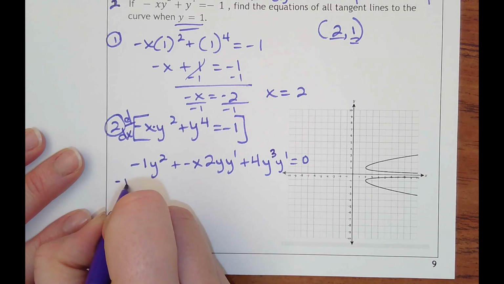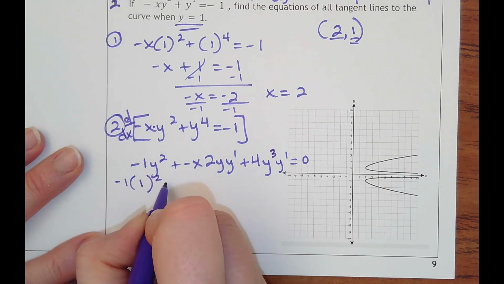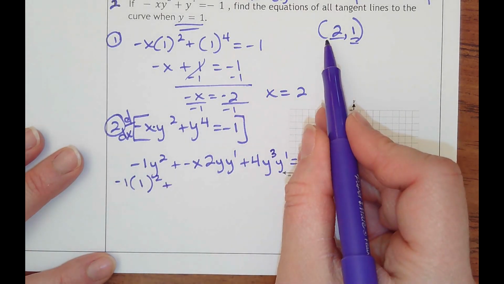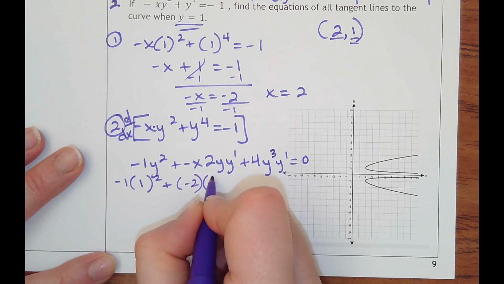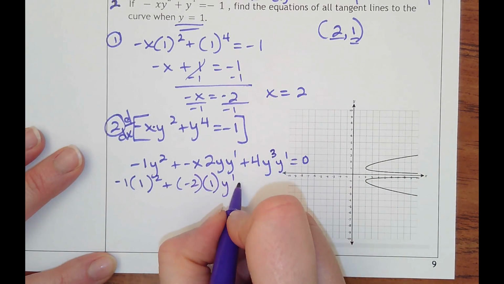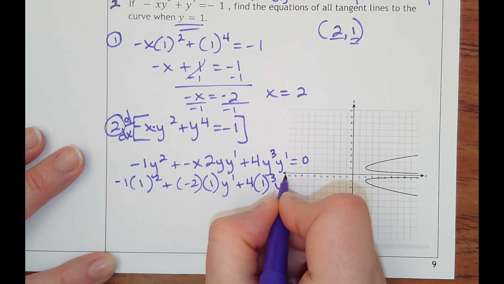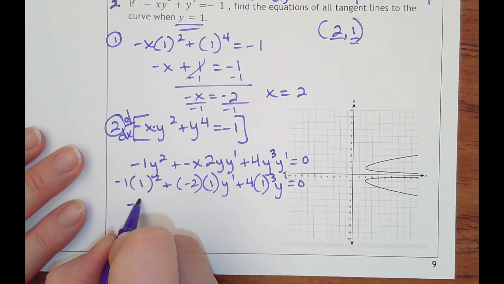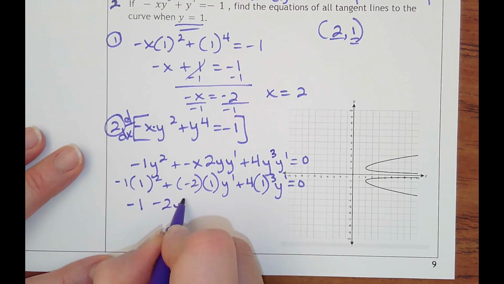So I've got -1 times my y value is 1, plus a negative of my x, so that'd be a -2, times y is 1, y prime, plus 4 times 1 cubed, y prime equals 0. 1 squared is 1, times -1 is -1. -2 times 1 would be -2 y prime.